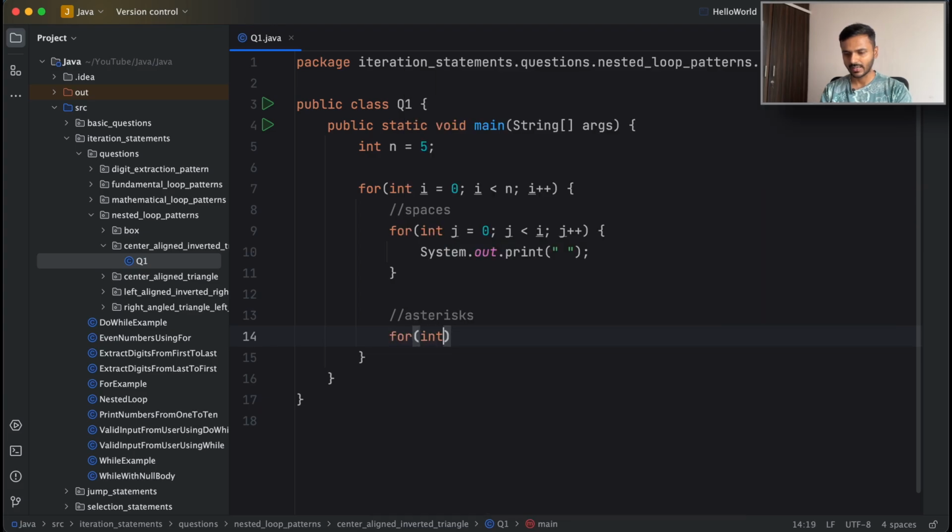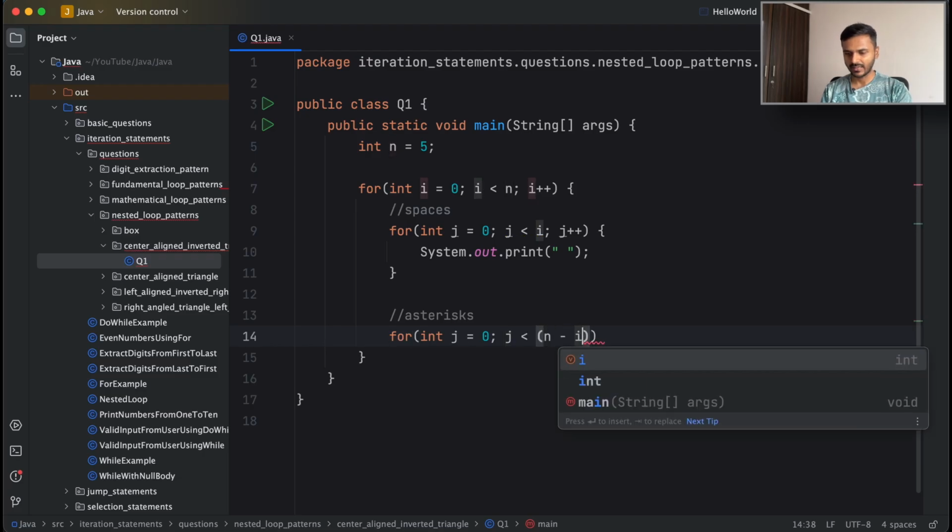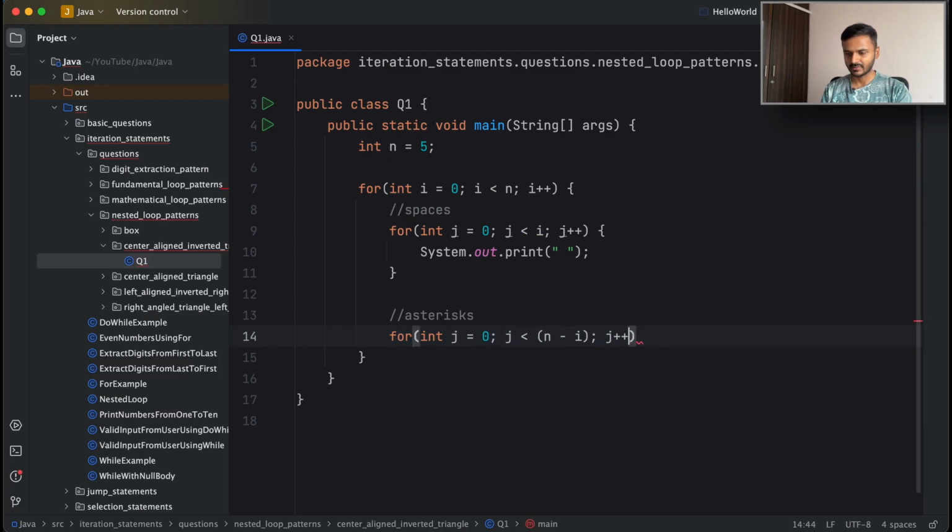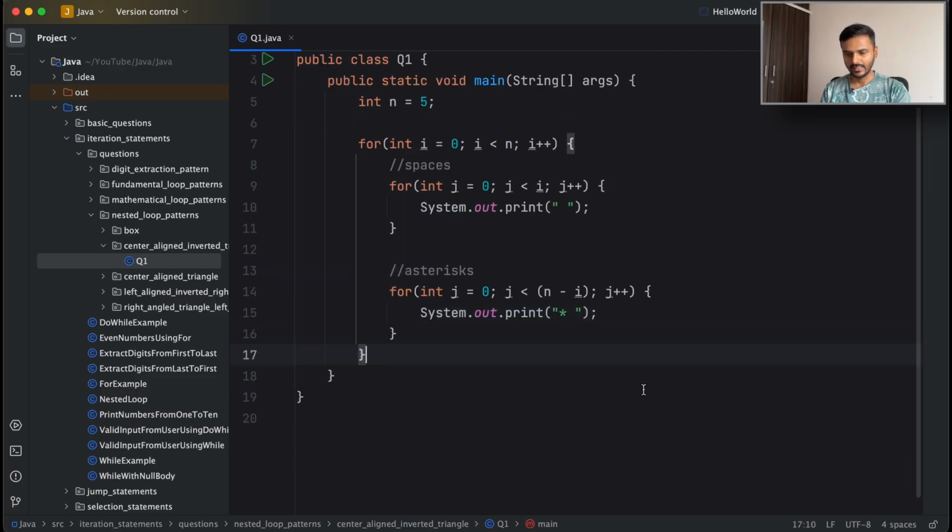So this is going to look like this: int j equal to 0, j less than n minus i, j plus plus, and we will have to print an asterisk and a space together, and this will be System.out.print and not println, right? And at the end of this loop, we will put an empty println statement so that the cursor moves to the next line, right?